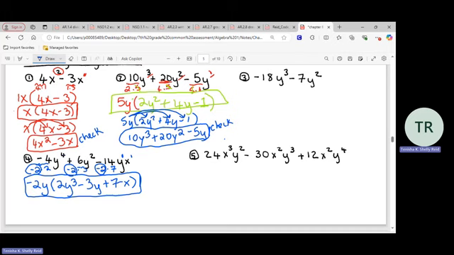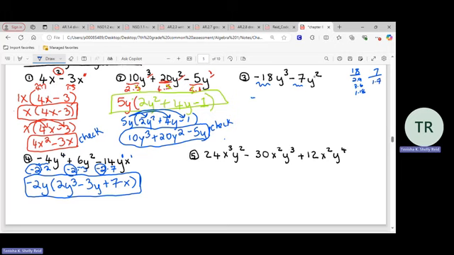All right, now that you've tried it, let's look at number 3. Numerically, between the 18 and the negative 7. 18, I know I have 2 times 9, 3 times 6. 7 is just 1 and 7. So numerically, I know there's no factor except for 1. This happens to be a negative, though, so I do want to take the negative out.